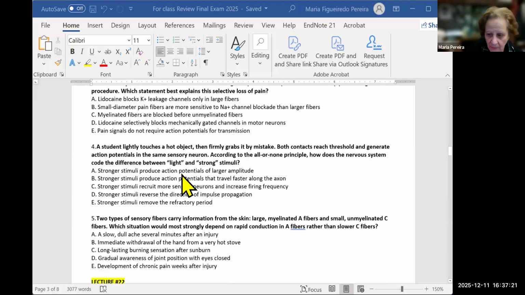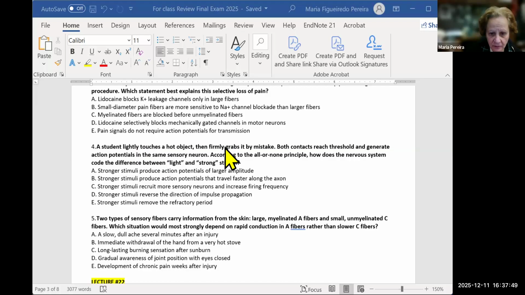A student lightly touches a hot object, then firmly grabs it by mistake. So you have here a change in the strength of the stimulus, right?